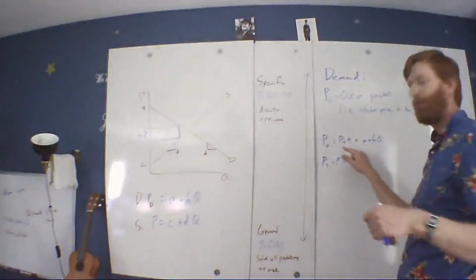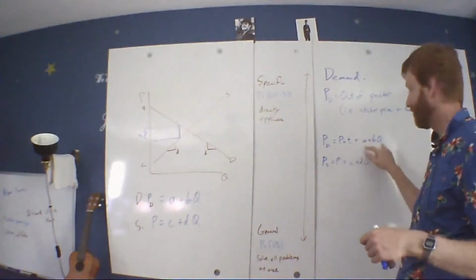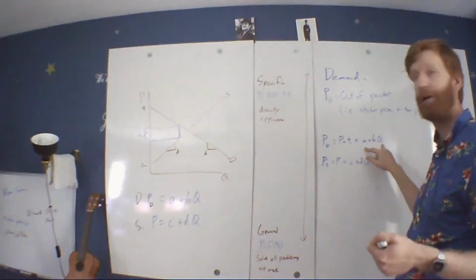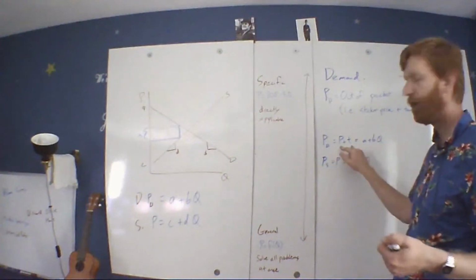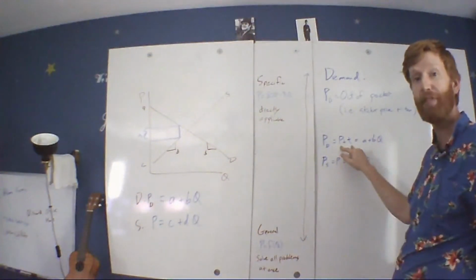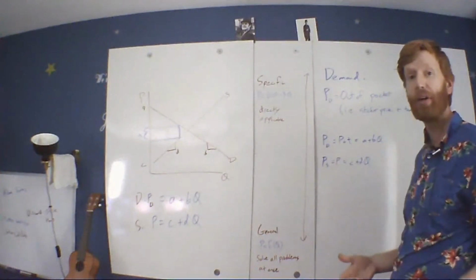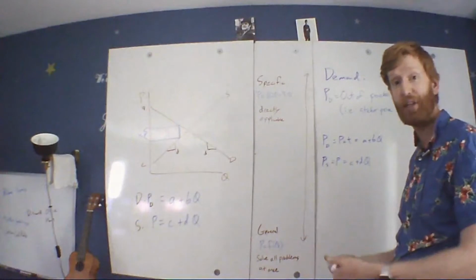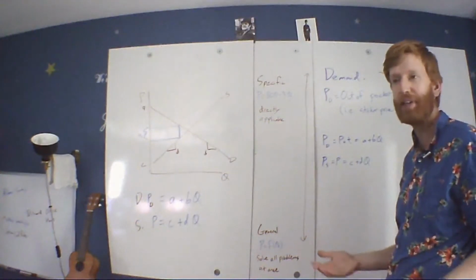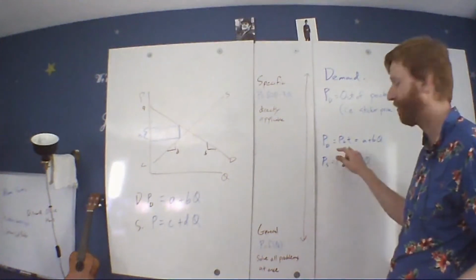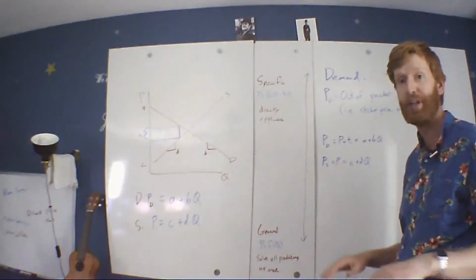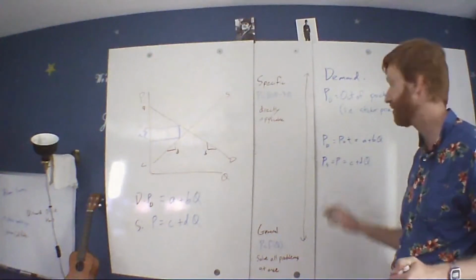So the way to think about that is the benefit you're getting from this product, you're willing to pay whatever the sticker price is plus the tax. If you get $30 of benefit and it costs $30, you're breaking even, you might buy it, you might not. But if it costs less than $30, you're happy to buy it in that case.